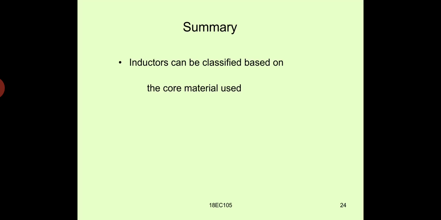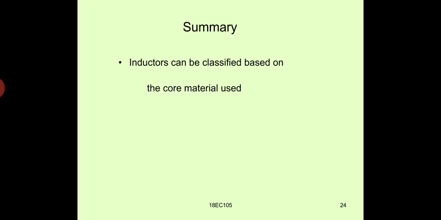Now let us summarize the things we have discussed so far. Inductors can be classified based on the core material used, the frequency of operation, the type of winding and their operation, meaning whether their value is fixed or not. Based on the core material used, we have air core, ferrite core and iron core.